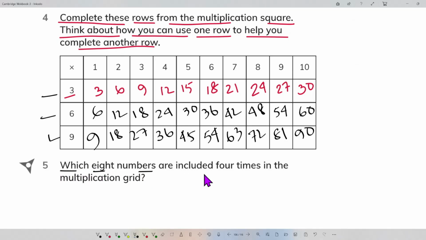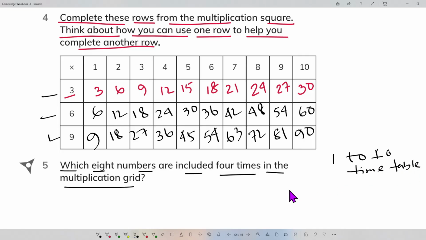Which 8 numbers are included 4 times in the multiplication grid? If we consider the 1 to 10 times tables, what can we get? Suppose 6.